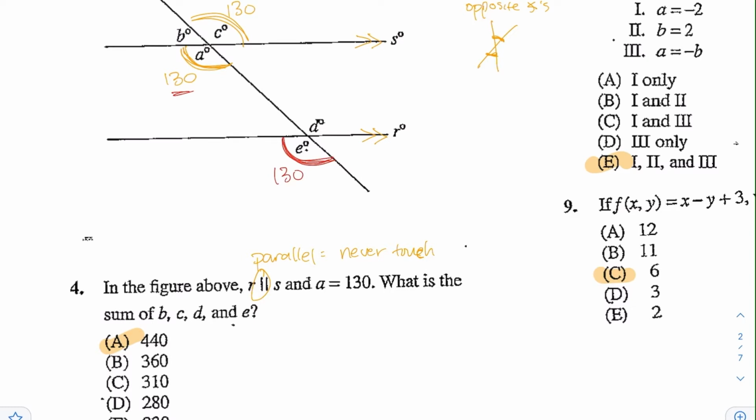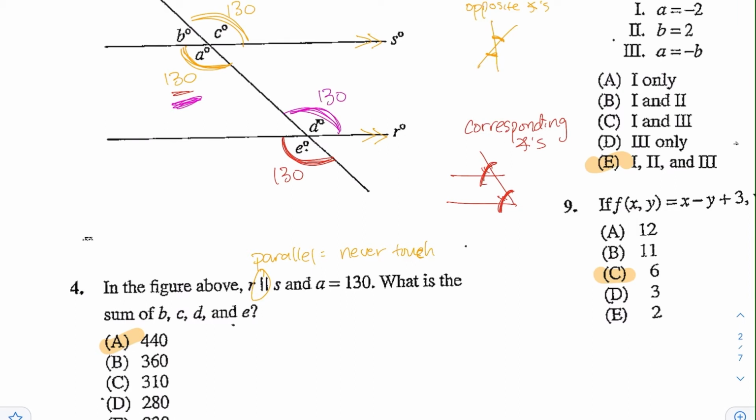That's because A and E form what's called corresponding angles, and corresponding angles are also congruent. They form this letter F. When you have a pair of parallel lines, this angle and this angle are corresponding and they are equal. And the last one, if angle A is 130 degrees, angle D is also 130 degrees.